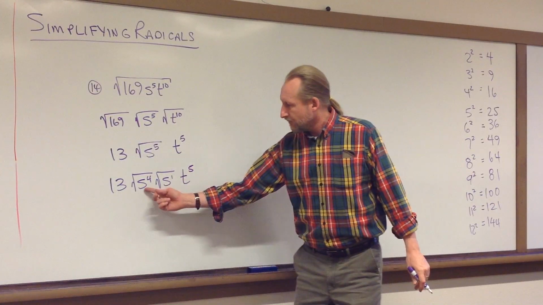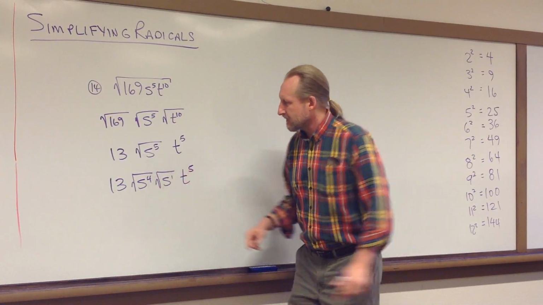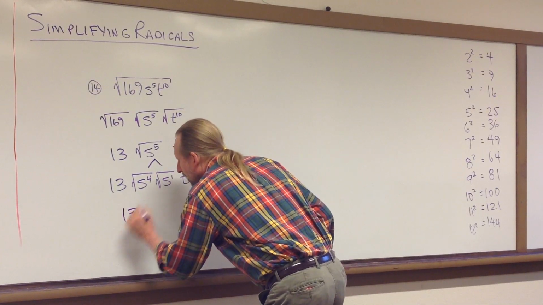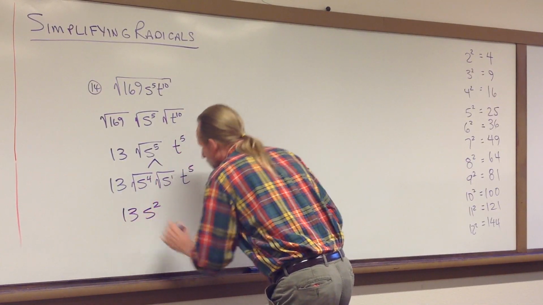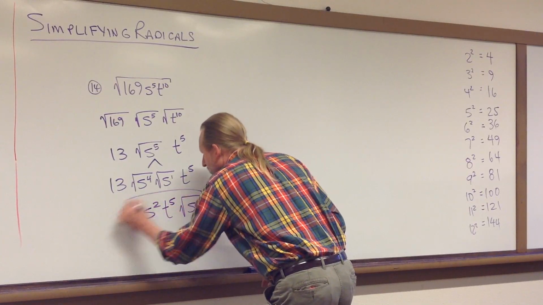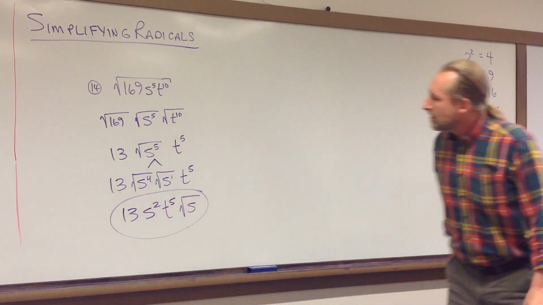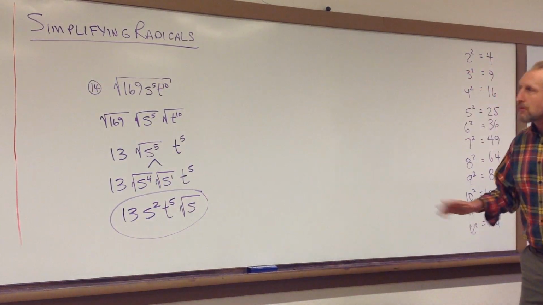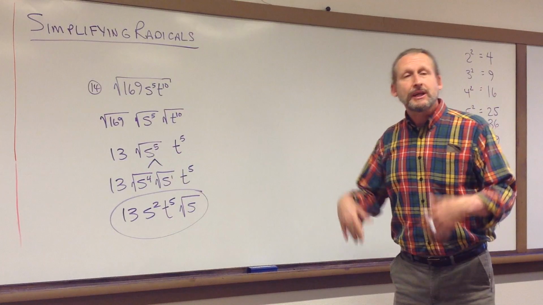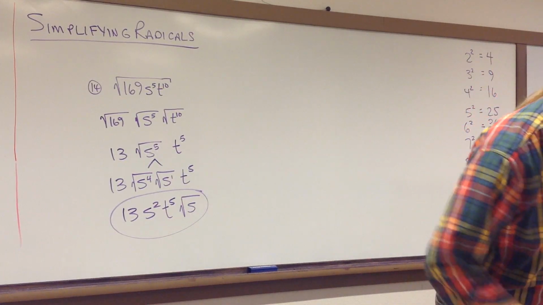S to the 4th times s to the 1st makes s to the 5th. And now this thing can get square rooted. Square root of s to the 4th is s squared. We've still got that t to the 5th. And then we're left with a square root s underneath the radical. So that's the next step in this process. It's a little bit tricky, so let's look at a few more examples here.